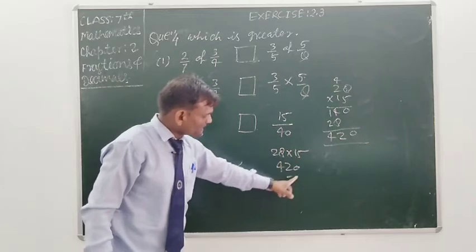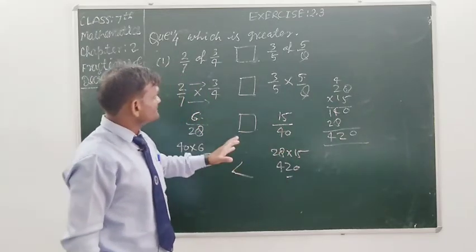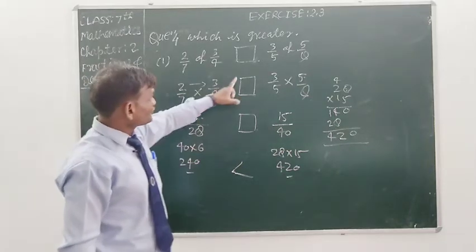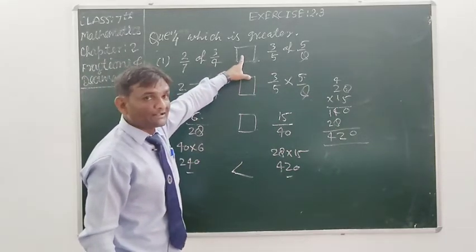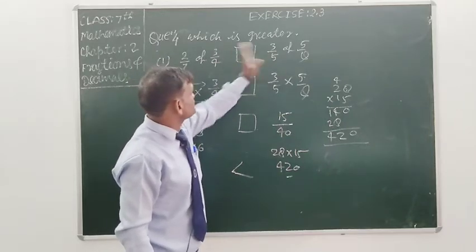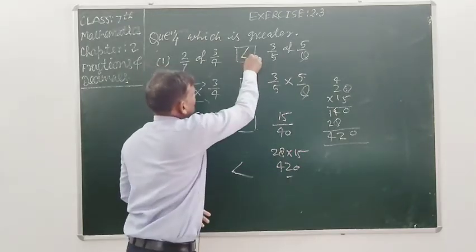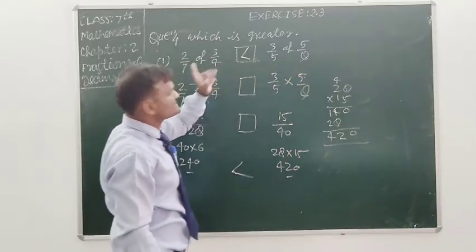But 420 is below 15/40. And my question is, we are required to fill in the greater or smaller sign in this question. I have to tell which is greater and which is smaller. So student, you can say this is greater and this is smaller.